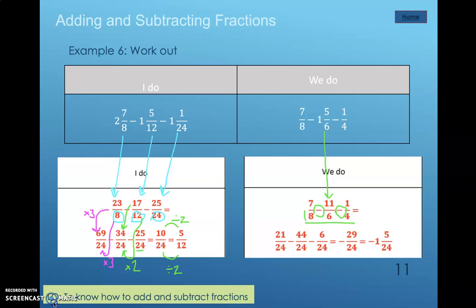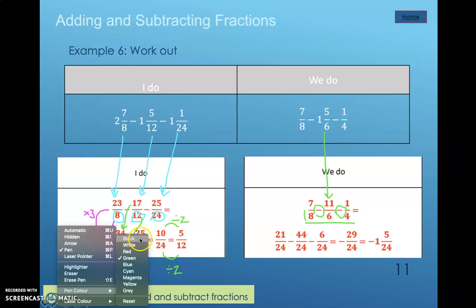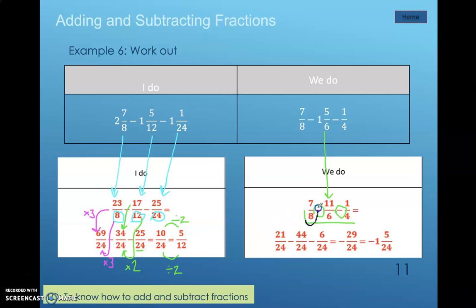let me get a different colour pen. Let's try black. So our first fraction here, we have to times the top and the bottom by 3. Our second fraction here, we have to times it by 4. And our last fraction here, we have to times it by 6. Remembering the symbols.